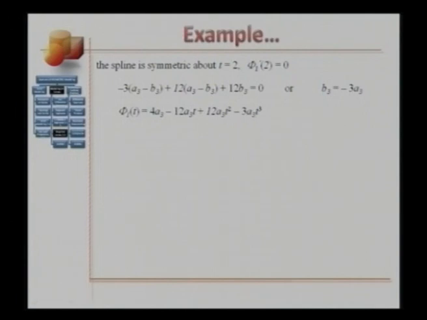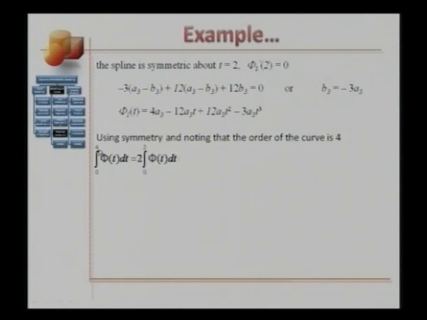Now, how do we find a3? Using symmetry, which we have used here, and noting that the order of the curve is 4, we now use the standardization condition. That is, the area of this composite piecewise spline in between the knots 0 and 4 is equal to 1 over 4.